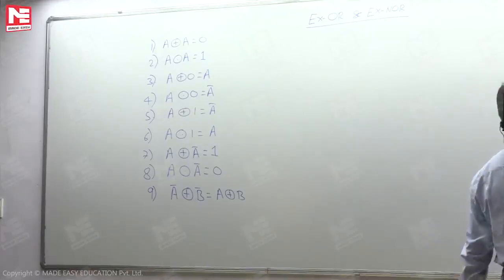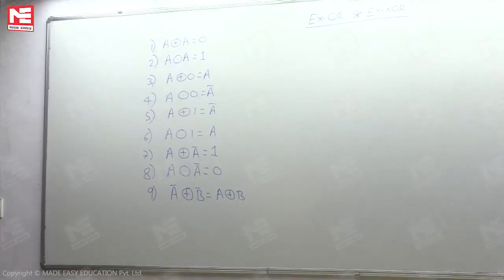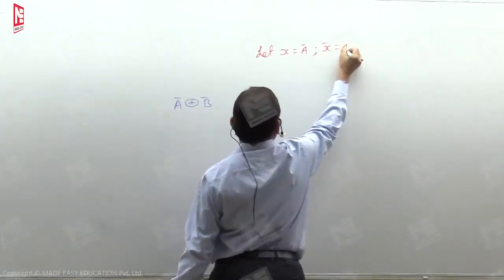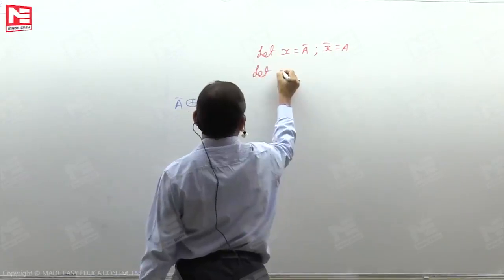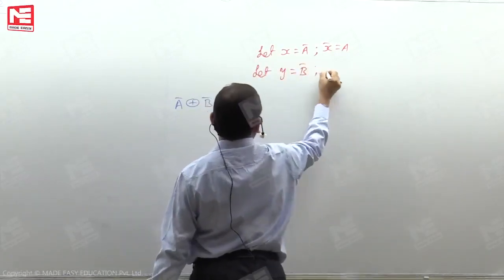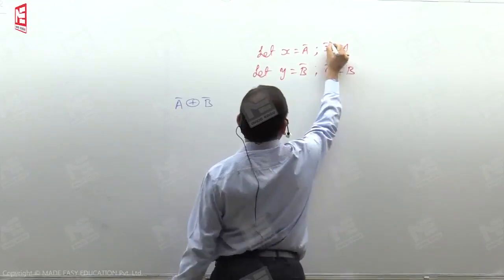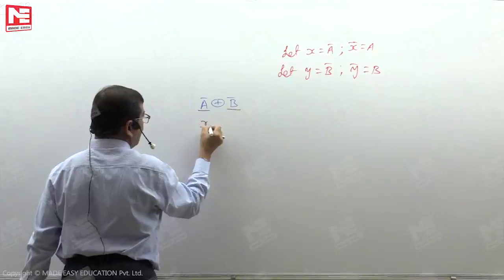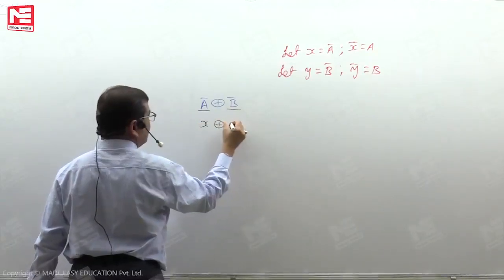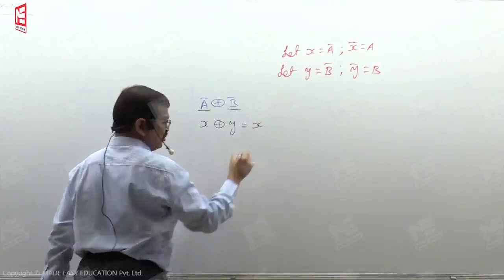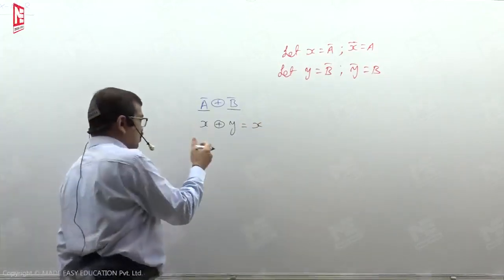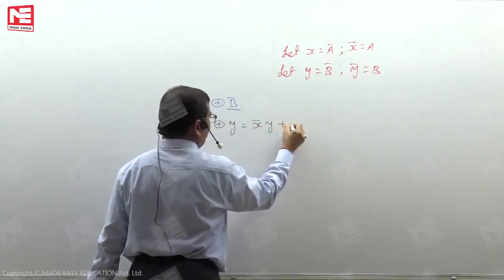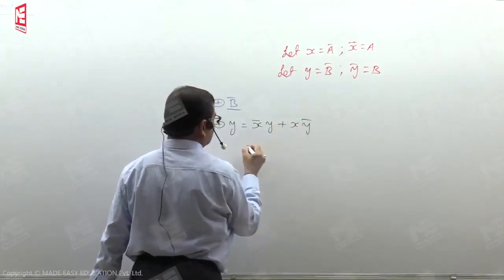Just for our convenience, let X be A complement, so X complement is A, and Y is B complement, so that Y complement is B. Now let us replace A complement as X and B complement as Y. While expanding this using the exclusive OR operation, we have X complement Y OR X Y complement.